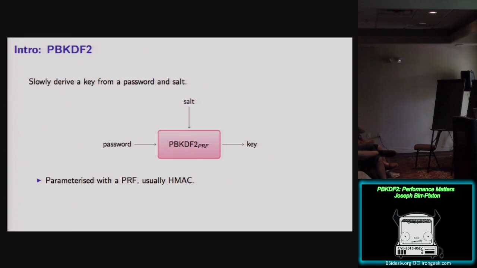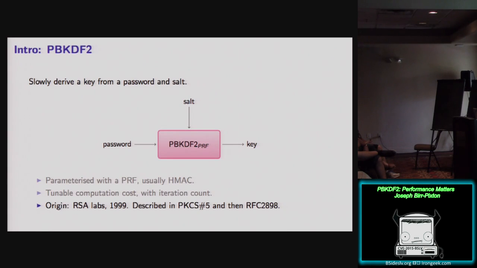AES-CMAC, I think, for some weird reason. So the main thing is you put a salt in the side and a password there, and you get a key out, and you can tune it to make it take a different amount of time. And it came from RSA a long time ago.